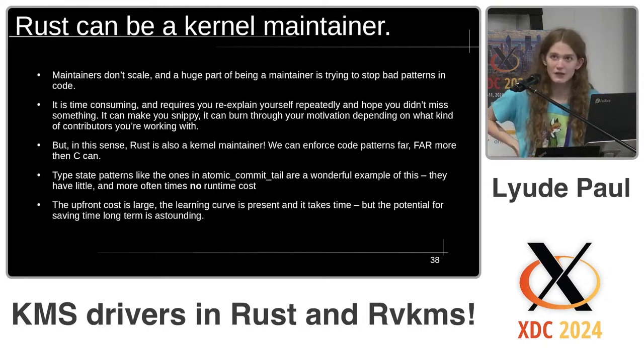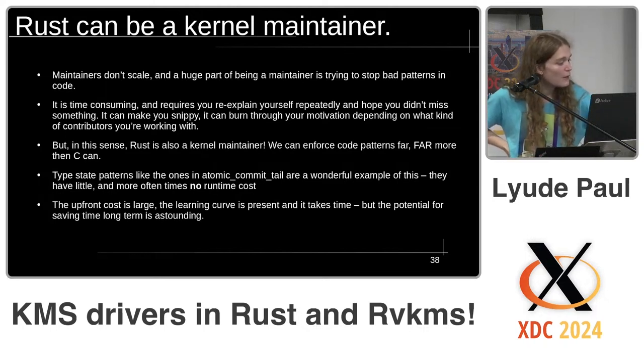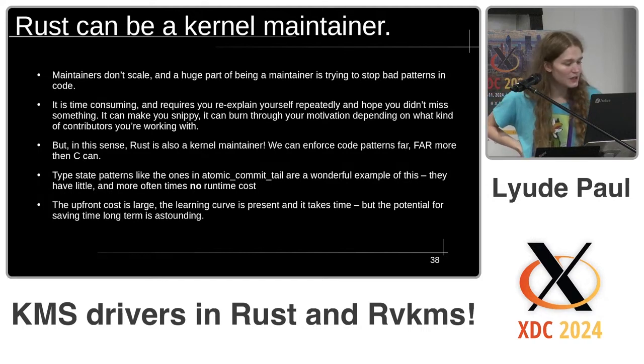A lot of times they have little, usually no runtime cost. And the upfront cost in figuring this out is large because there's a pretty big learning curve and you sort of have to really rethink how you write a lot of your code. But the potential for this saving time long term is kind of astounding.